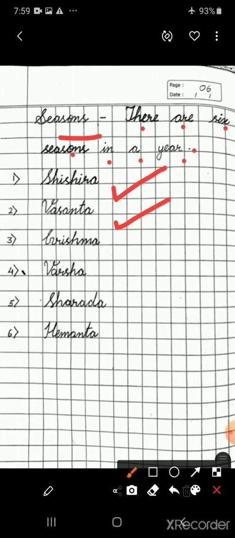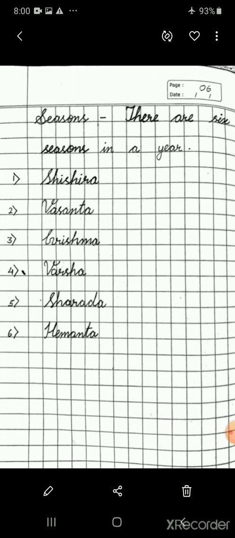VASANTA. Third is Grishma. GRISHMA. Fourth is Varsha. VARSHA. Fifth is Sharad. SHARADA. And the last is Hemant. HEMANTA. Like this you will write about seasons.